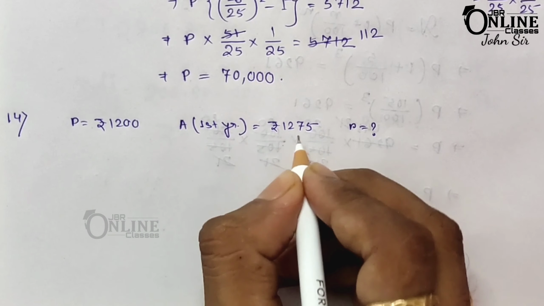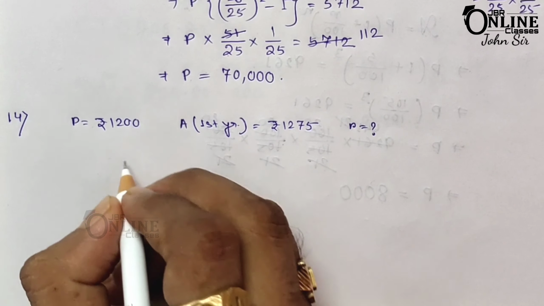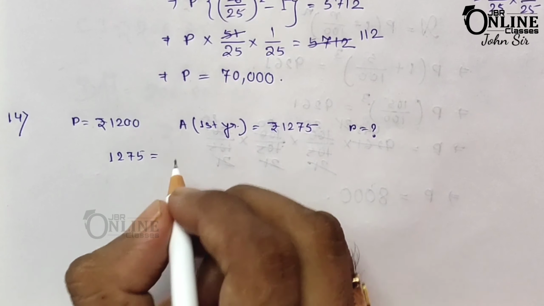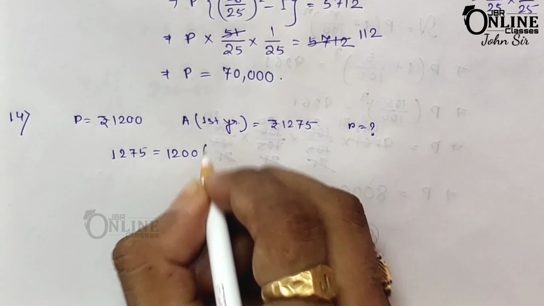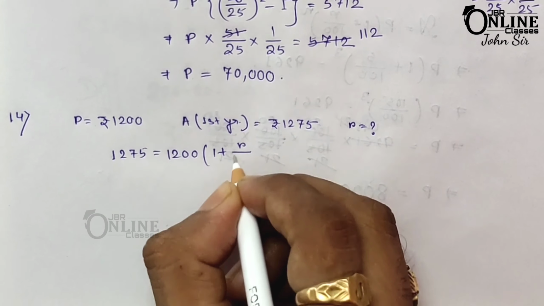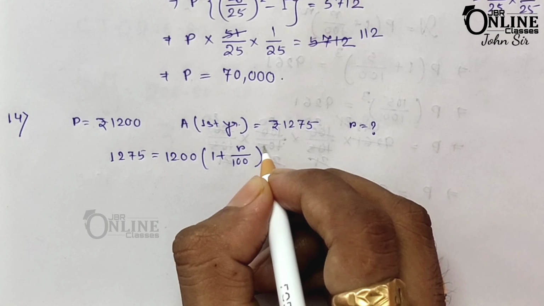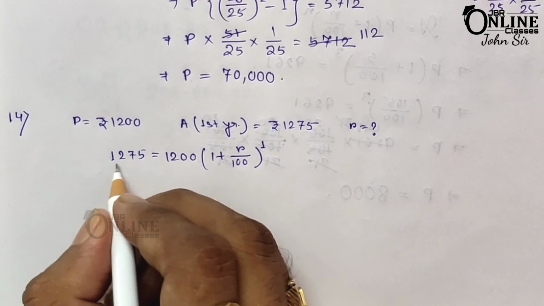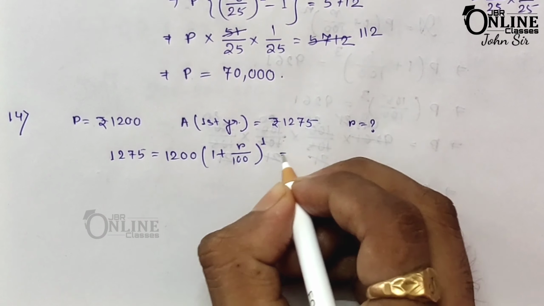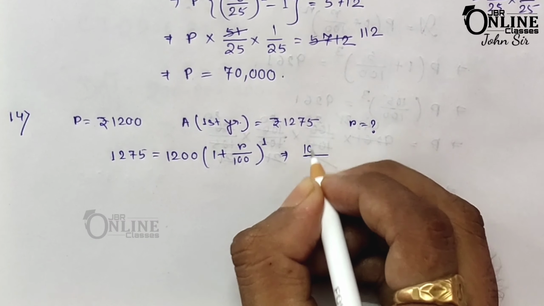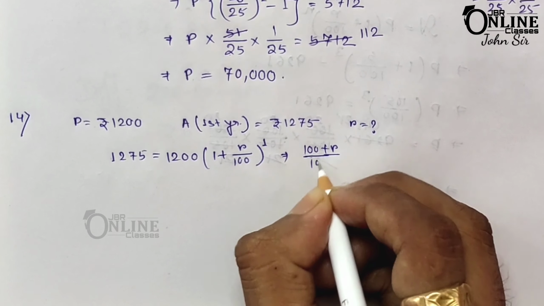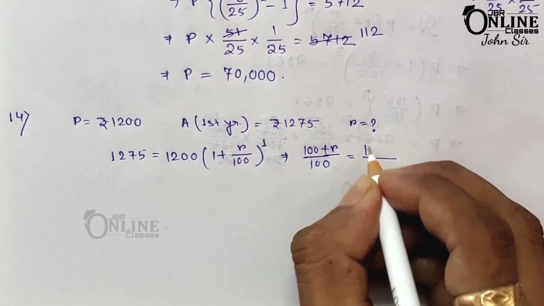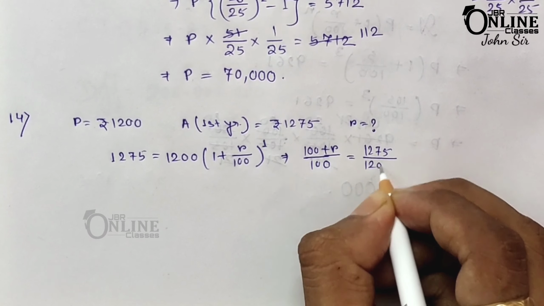So as amount equals 1275, according to the problem 1275 equals 1200 into 1 plus r by 100 whole to the power n. Here n means 1, because the amount 1275 is for the first year. So 100 plus r by 100 equals 1275 by 1200.